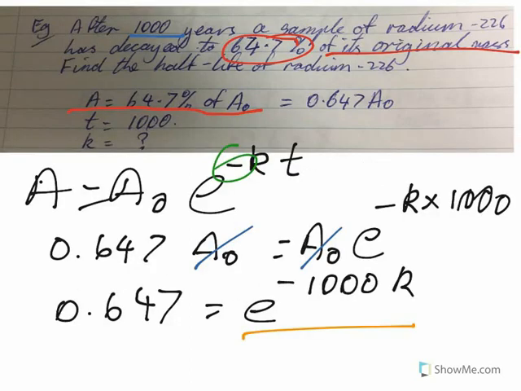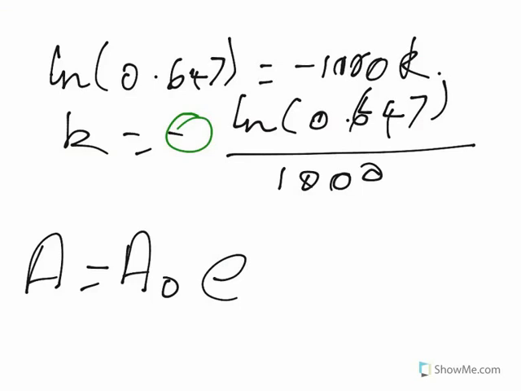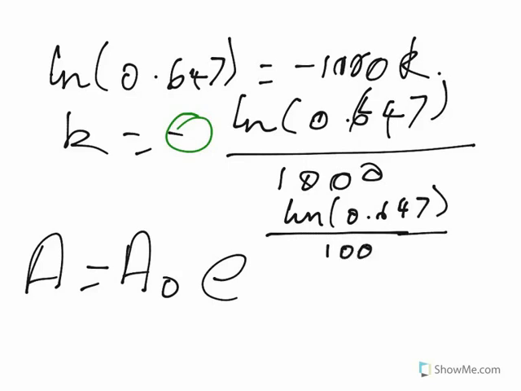So because I've put a negative there, and that negative there, they make a positive. So it's positive ln 0.647 over 1,000 t. All right, so now we've got that.